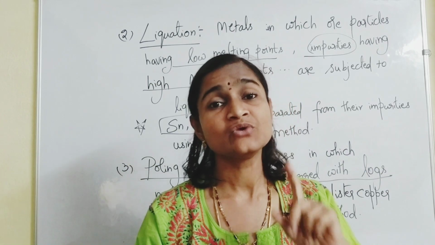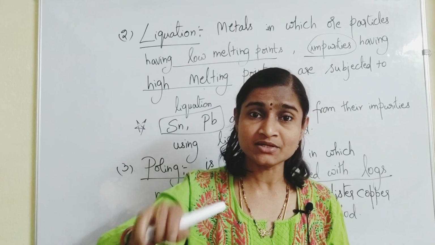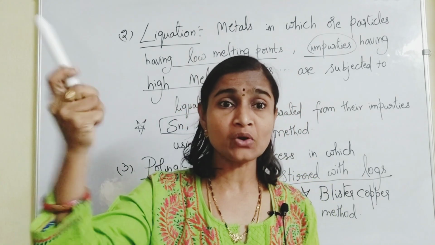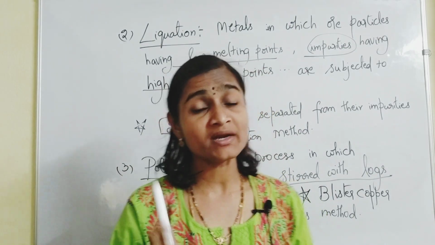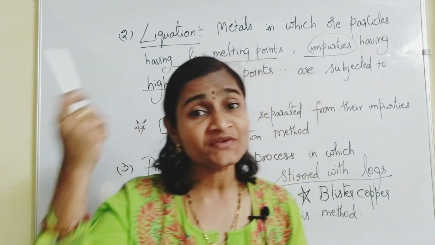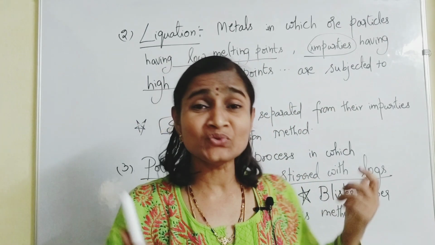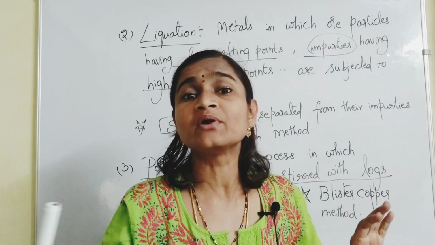So what happens? They prevent oxidation. Even if you are stirring continuously, copper in the molten state reacts with atmospheric oxygen and turns to copper oxide. Then what is the use of doing all this? We want only copper, we don't want copper oxide.